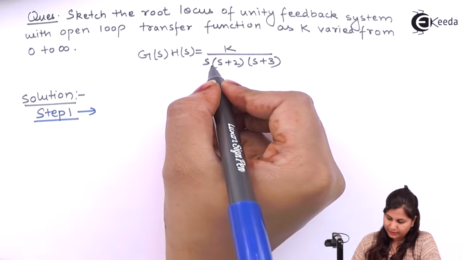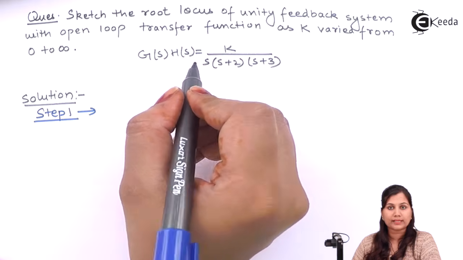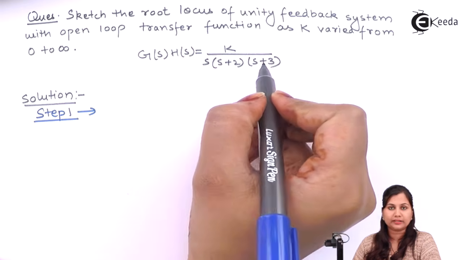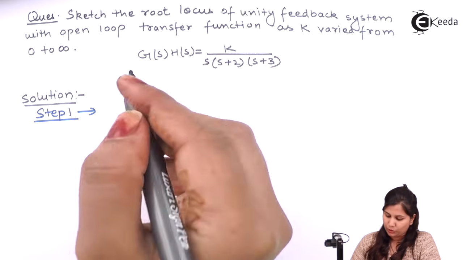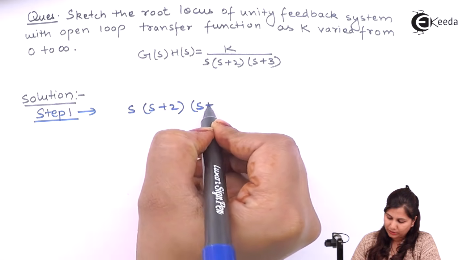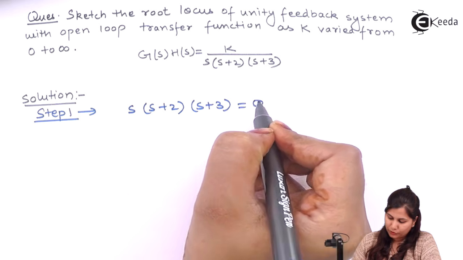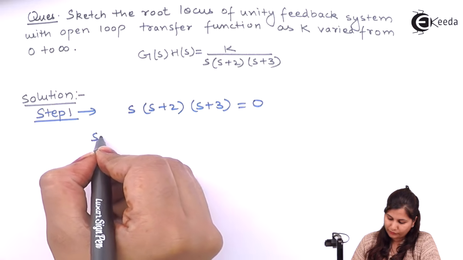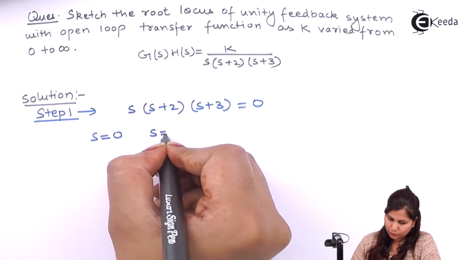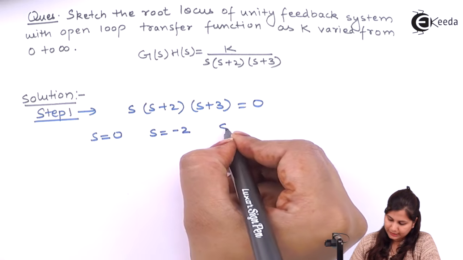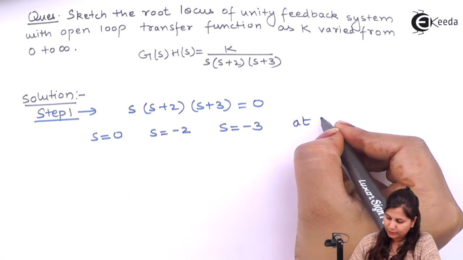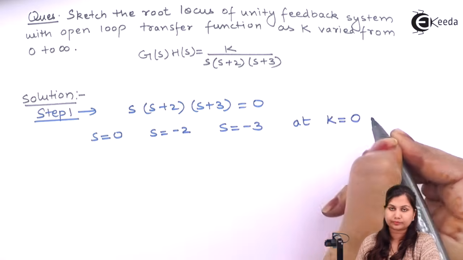The poles are obtained by equating the denominator term to 0, so s(s+2)(s+3) equals 0. We have the roots s equals 0, s equals -2 and s equals -3 at K equals 0.